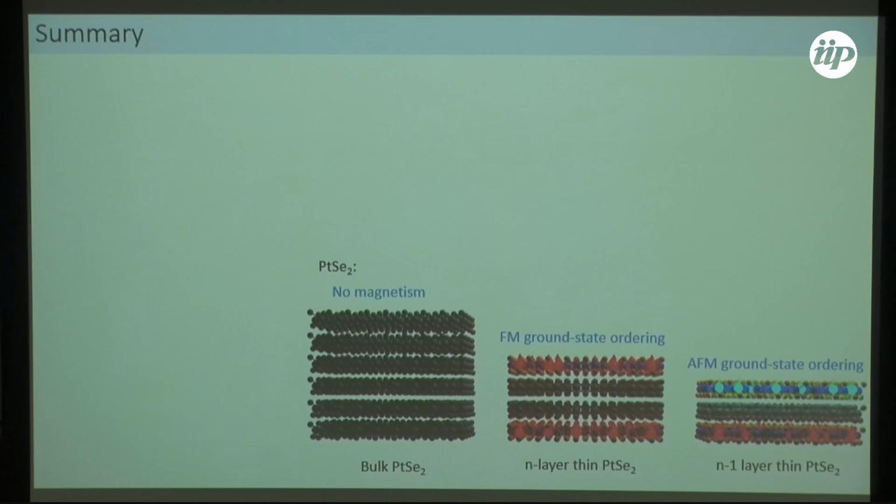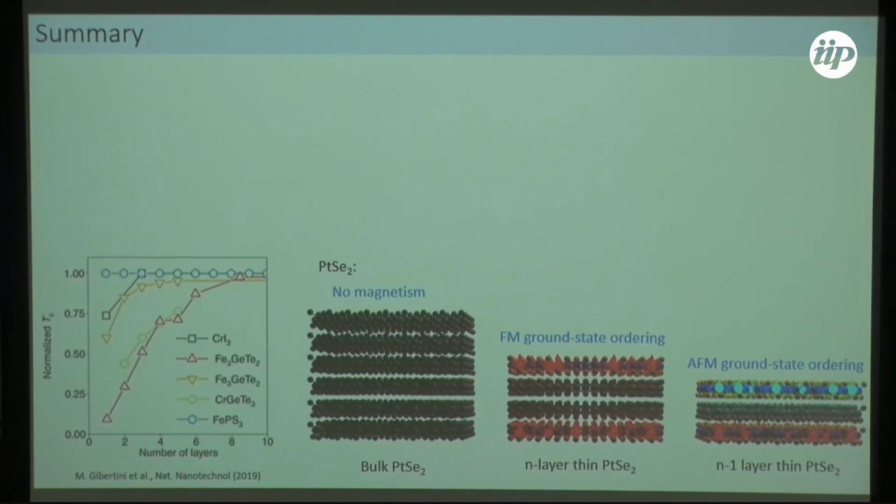And I also find this kind of magnetism quite interesting because, for instance, Roland was showing this very nice summary curve from this review article. All these 2D magnets that have been studied so far, their parent compounds are also magnetic. And in these materials, once you go to the monolayer limit, the critical temperature just reduces.